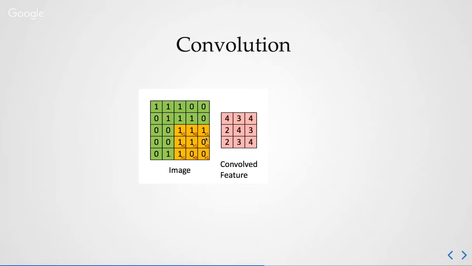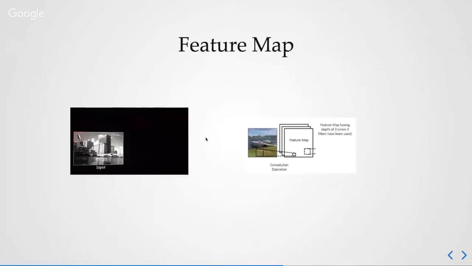You have something called a filter. A filter is the yellow box there. It's a small box that's essentially sliding across the image. At each point in time, you're multiplying the values to get a smaller matrix. So you're reducing the image into a much smaller one. That's convolution.